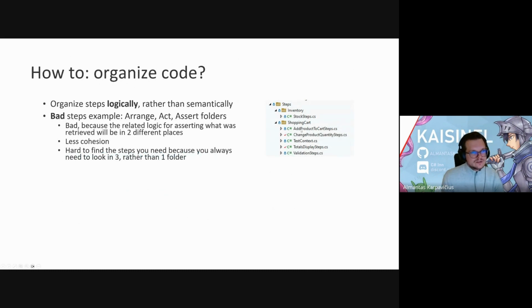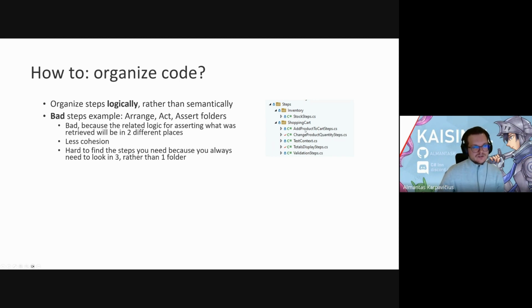So here is how it looked on my end. I had stock steps, a bunch of steps for the inventory domain, and for the shopping cart page, I had a bunch of things that you can do there. You can add a product to a shopping cart, you can change product quantity, you can check the display, like what the totals are, and you can check validation as well.